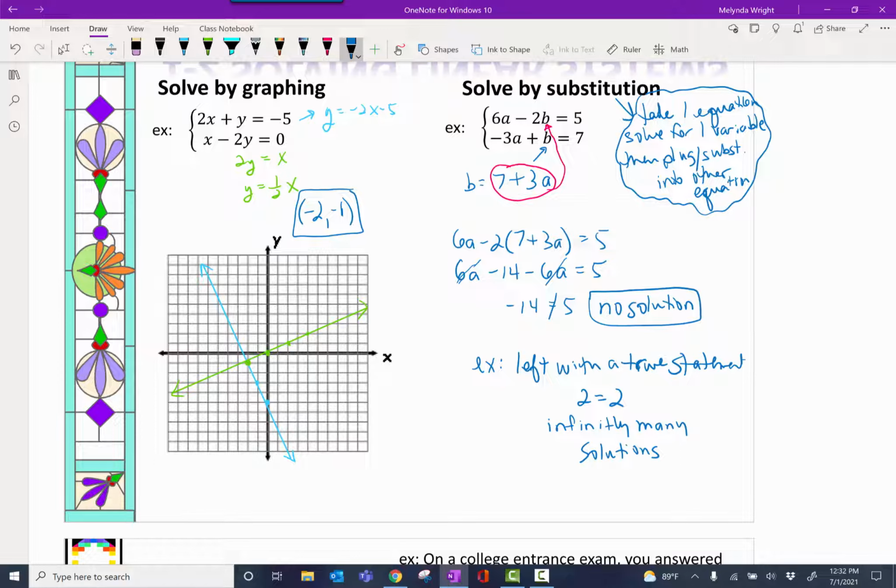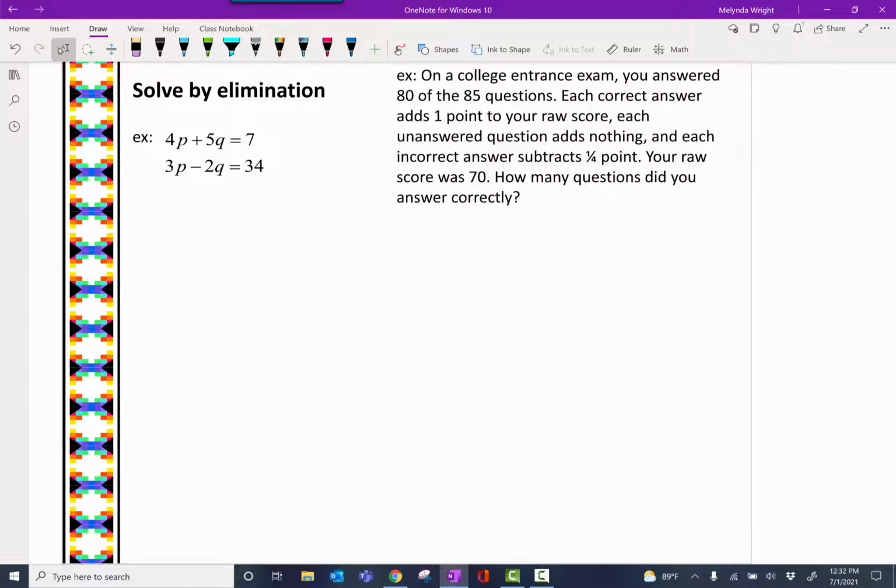Okay, so that's solving by substitution. Let's go to our third and final technique that we're going to be working on today, solving by elimination. If you recall, elimination is where we decide which variable to get rid of first.